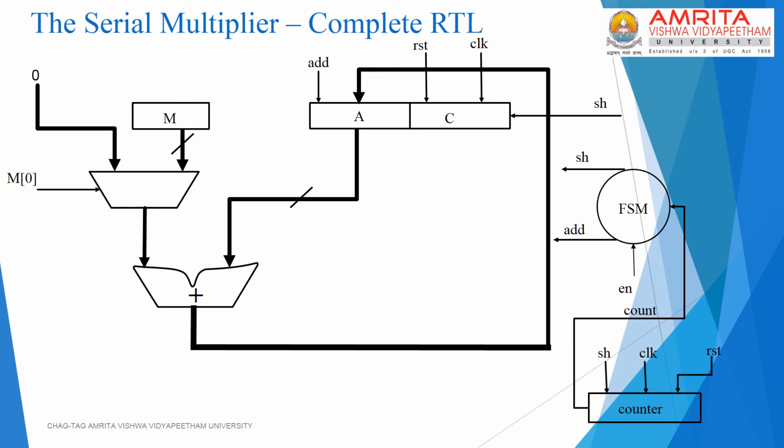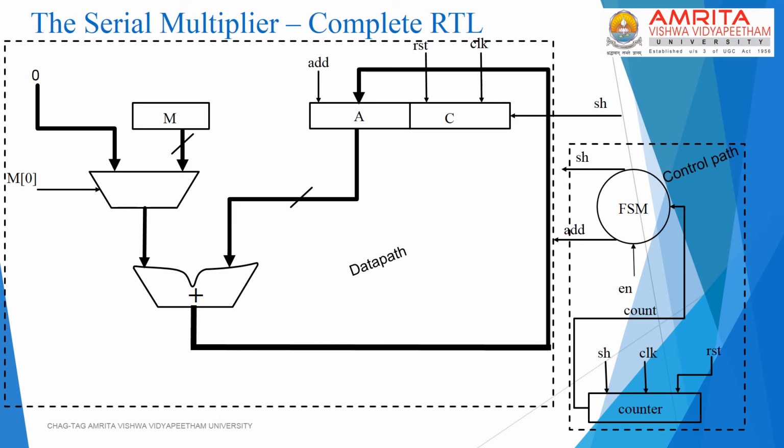The top level RTL of the serial multiplier, which is realized by integrating the data path and control path, is shown in this slide. The next step in the design flow is to model each element in this RTL behaviorally using HDL.